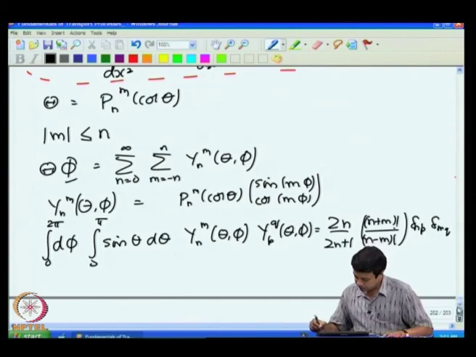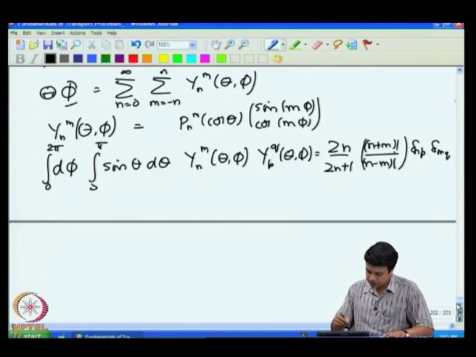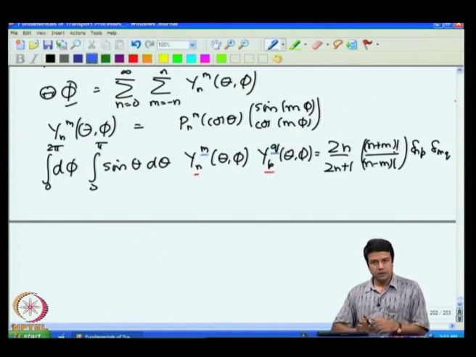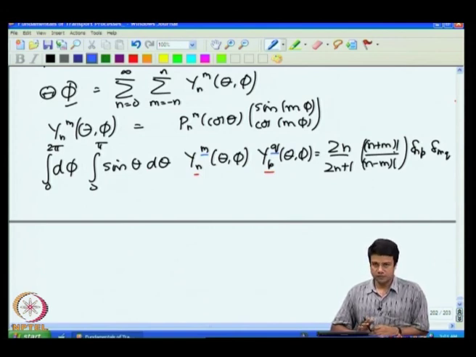So, this integral is actually non-zero only when n is equal to p and m is equal to q. This orthogonality relation basically tells you that the inner product of two spherical harmonics is 0 if the coefficients n and m for the two are not the same, and it is non-zero only when both of those are the same.